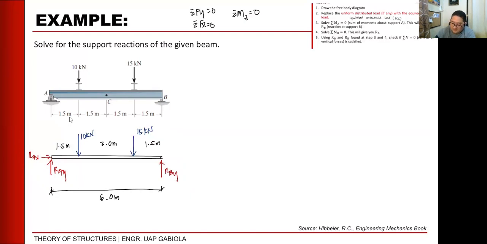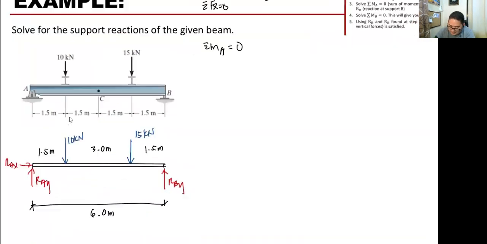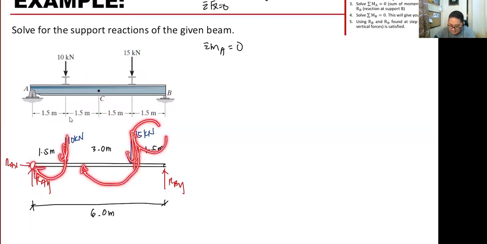Okay? So, summation of moment at A equals 0. How about the rotation? You can assume either counterclockwise or clockwise, but I'm using the rotation of the applied loads. Our applied loads, 10 and 15, rotate clockwise about A, so to avoid confusion, I take clockwise as positive.